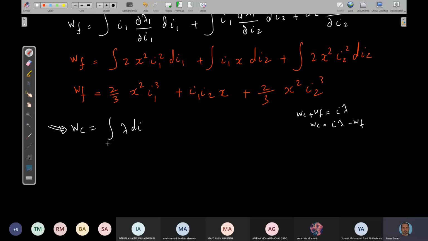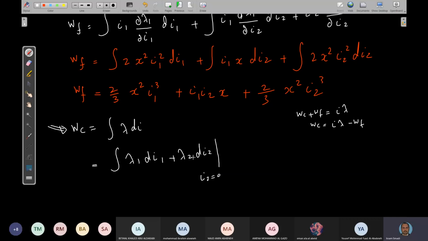Now, let's calculate omega c, which equals the integration of lambda di. Here, the same thing, I will do the two-stage integration. For the first stage, I will do lambda 1 di1 plus lambda 2 di2 when I2 equals 0.